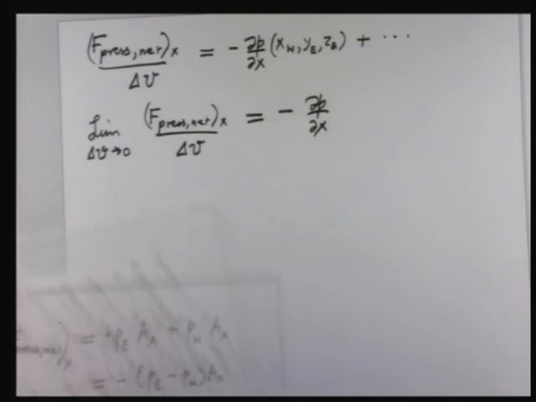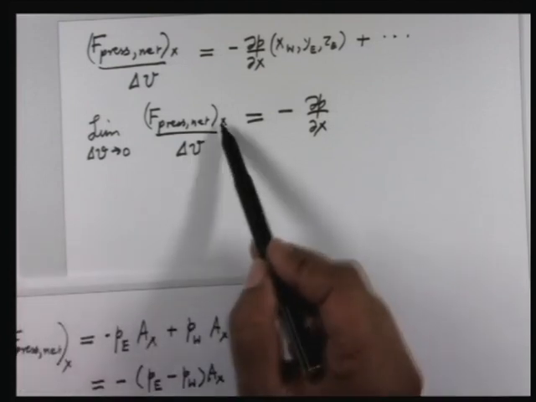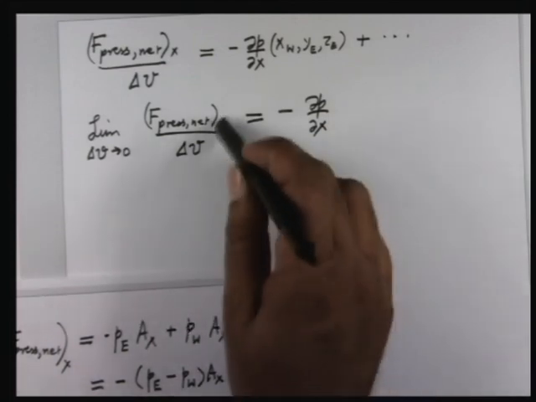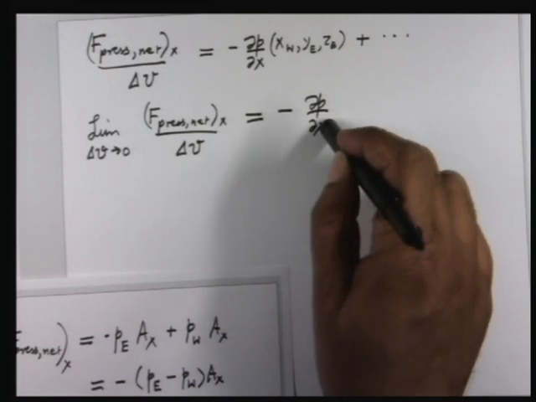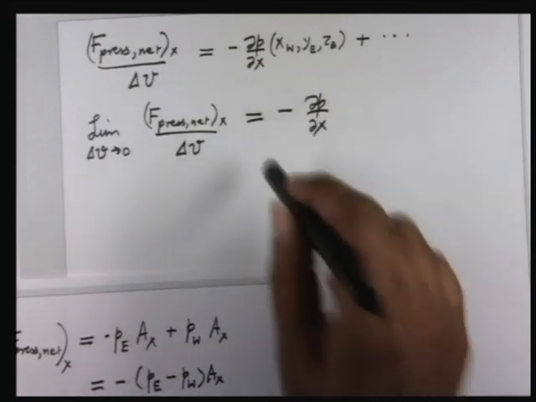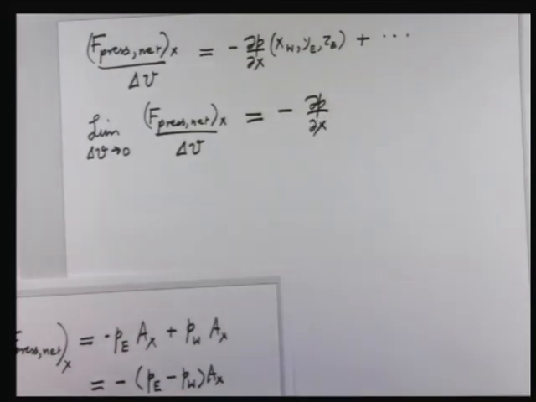Similarly, if I want the Y direction net force, you are going to get del P del Y, and the Z direction is del P del Z. Earlier I was writing dP dz because I started with a simple case where P varies only with Z. Now we have got the general thing.